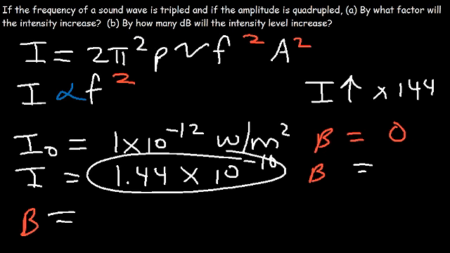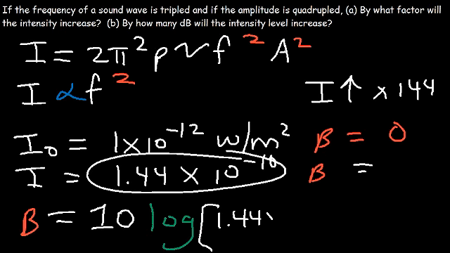So let's use the equation. The sound level is going to be 10 times log of the intensity, which is 1.44 times 10 to the minus 10, divided by the reference intensity, which is 1 times 10 to the minus 12.